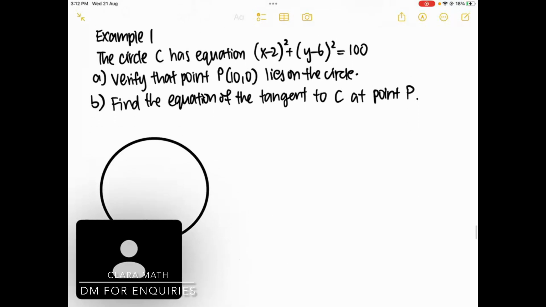So if you have a circle here with the standard equation, they want you to verify this point. How you verify is you sub in the x value, then you see if you get the y value to be 0. So let's try. If I sub x equals 10, we need to see if we can get y to be 0.